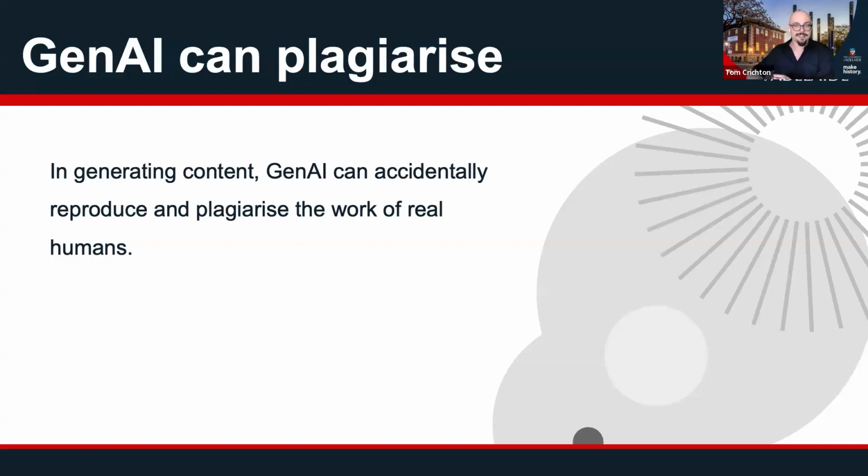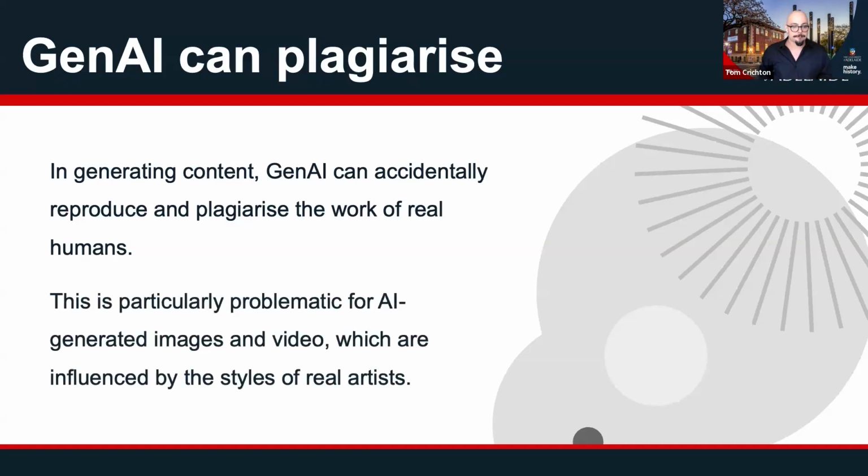If you've asked it to create something in the style of Charles Dickens, it's drawing from its understanding of language, that structural understanding of language that we looked at earlier. However, in doing so, it can accidentally reproduce words, word for word, that have already existed elsewhere and are actually someone else's words. So we need to be careful of that and check that what we've created isn't unintentionally plagiarizing somebody else's work.